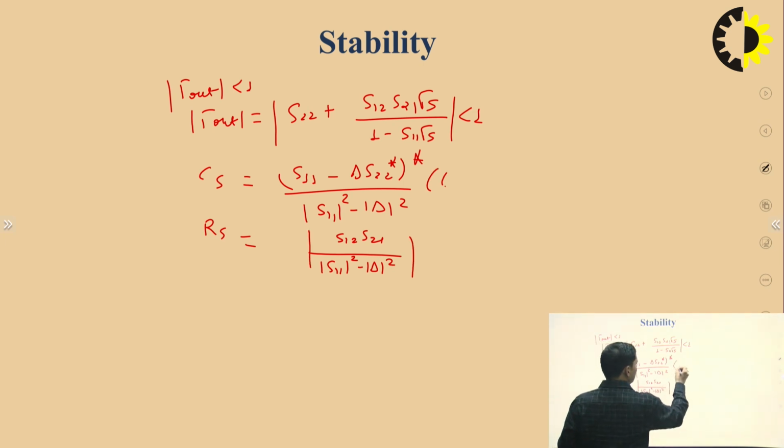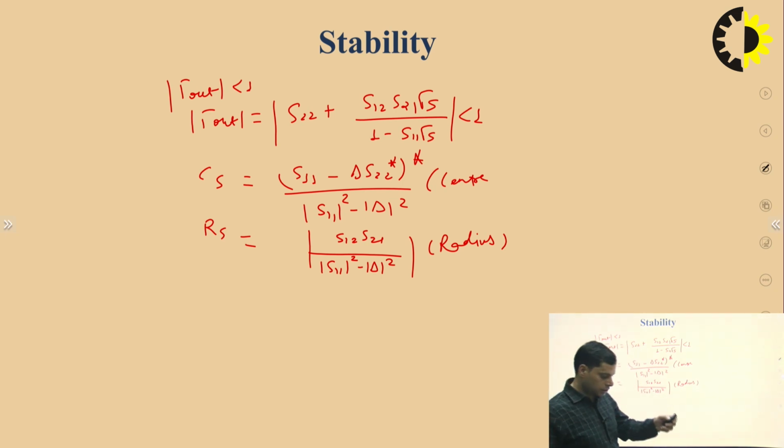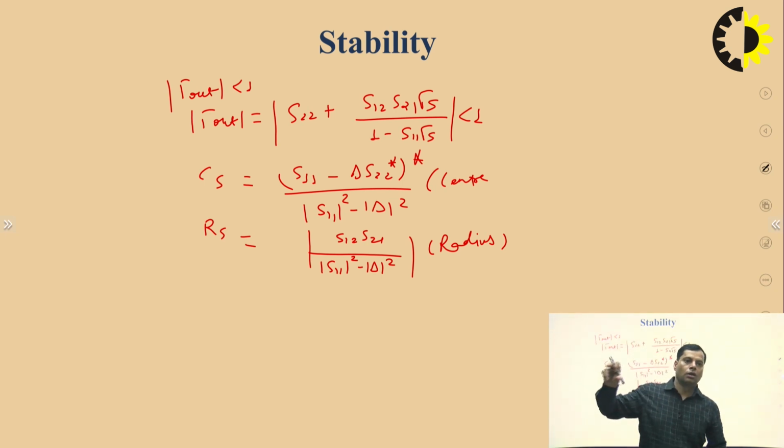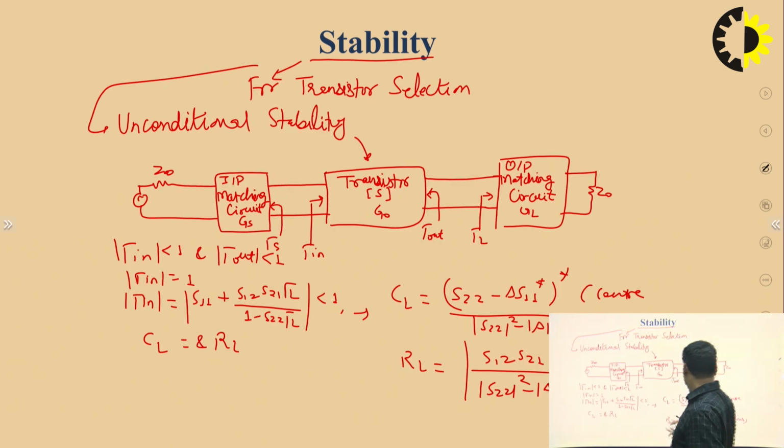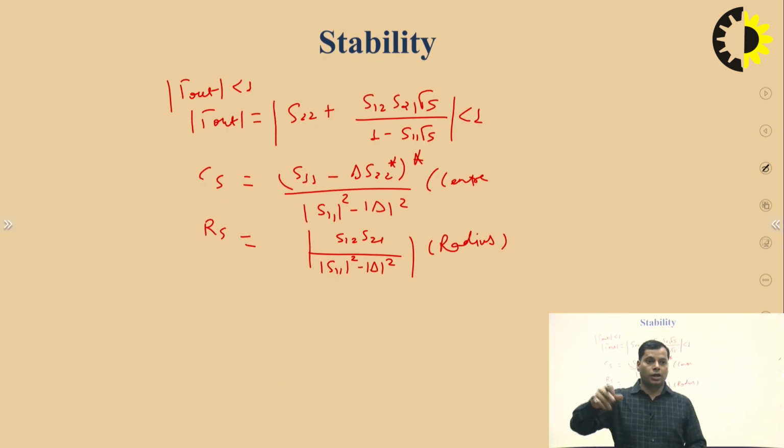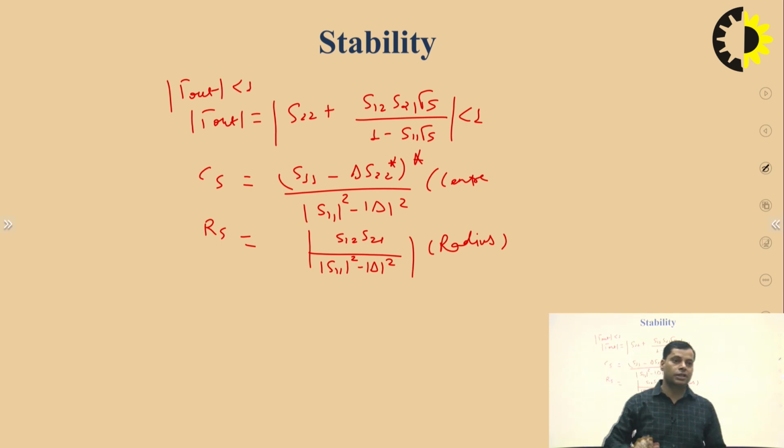So this will be the center and this will be the value of the radius. After selecting the values of CS and RS we can plot onto the Smith chart. Similarly, CL and RL we can also plot onto the Smith chart, and we can find out the stability condition. When these circles are outside the Smith chart, the outside portion can be defined as the stable region.